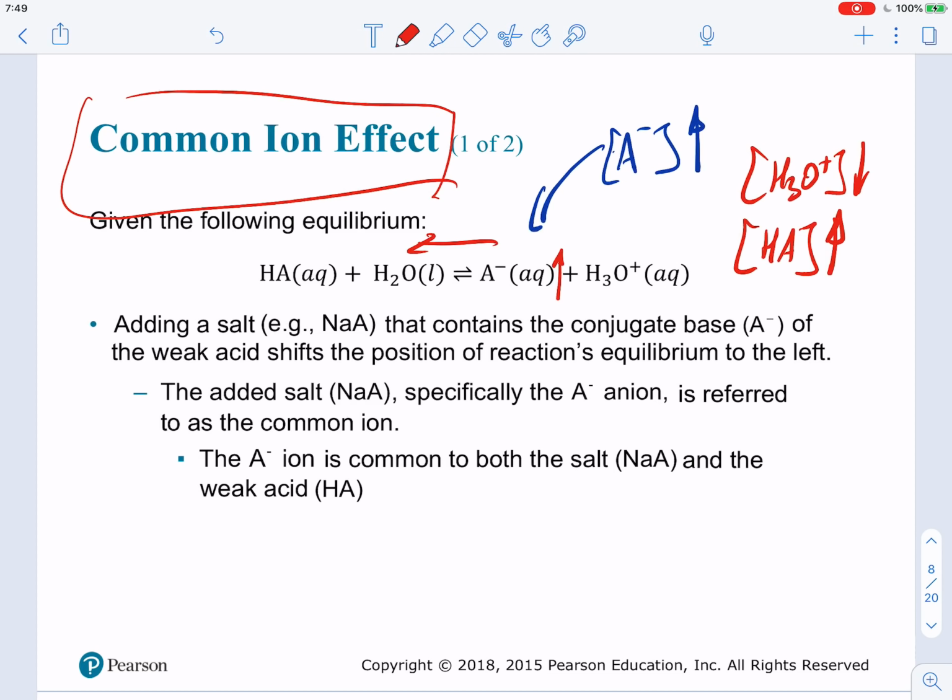Again, we are using Le Chatelier's to explain what happens to the equilibrium depending on what changes you make to it. In this case, you add more of the conjugate base. If you add more of the conjugate acid, then you might expect the equilibrium will shift to the right.